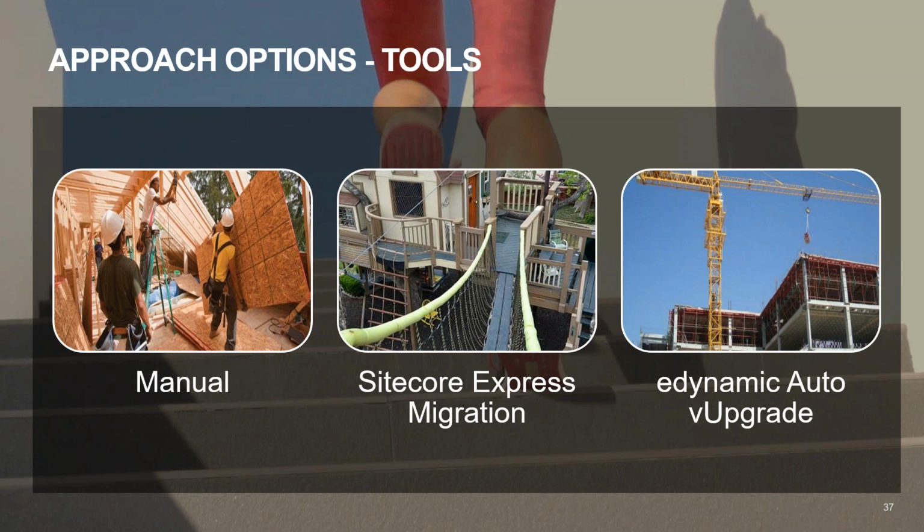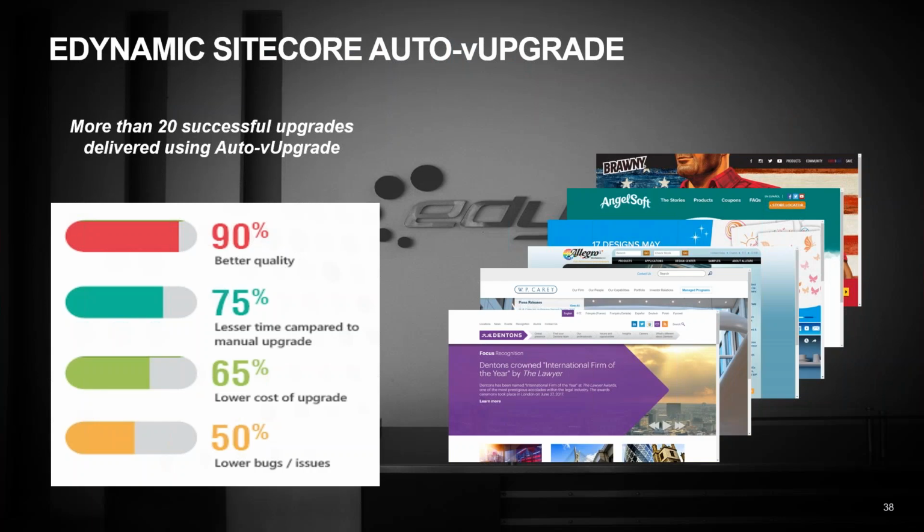Greg initially spoke about a lot of innovation that eDynamic keeps turning out. One of them is the Auto Upgrade tool that we have built in-house. This tool was launched much before any other tool, including the Sitecore Express Migration tool itself. Because of the maturity curve the tool has achieved, it is really mature and has performed over two dozen successful upgrades by now.